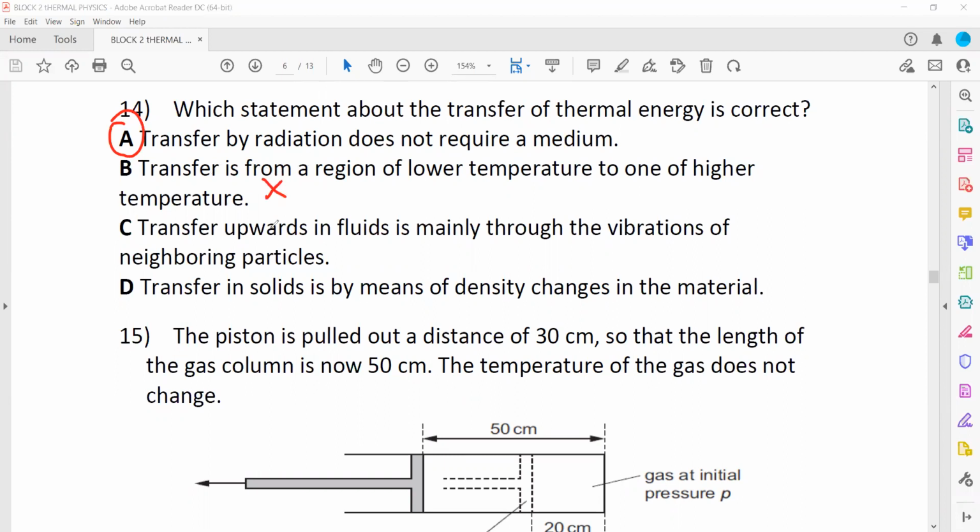It's from high temperature to low. Transfer upward in fluid mainly through vibration, not vibration, that is by movement of the particles. Transfer in solid by means of change in density, that's wrong. Density changes in fluids, like liquids and gases, and that causes heat energy to transfer as particles move from one region to another.